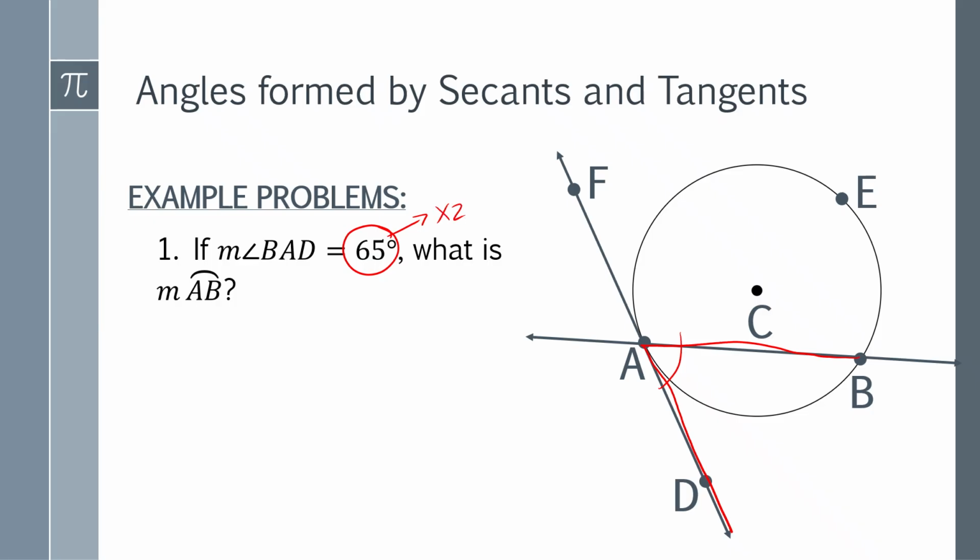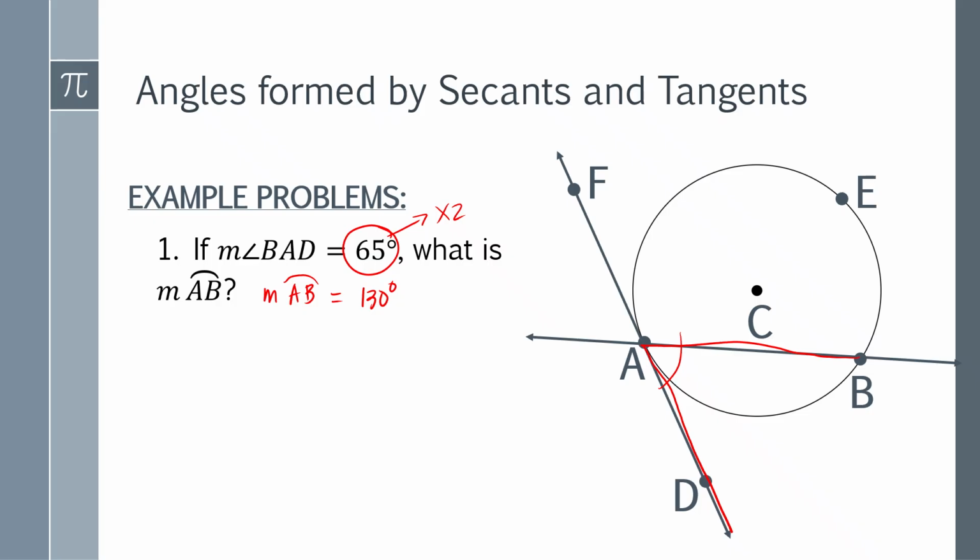So therefore, the measure of arc AB is 65 times 2, or your measure of this arc is 130 degrees. This is simple.